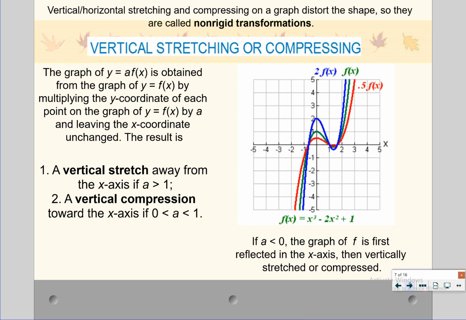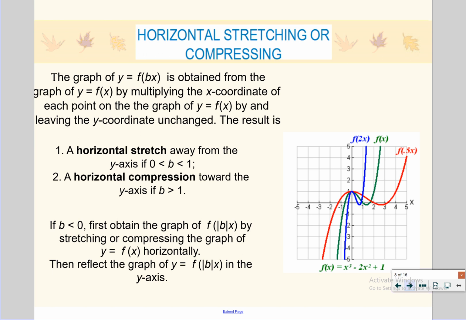And then you can do the same thing with horizontal stretches and compresses. We can pull away from the y-axis or we can push towards the y-axis. Those are going to be things that are multiplied in our equation. So adding and subtracting are going to shift it in a direction. Multiplying is going to stretch it or shrink it in a direction.